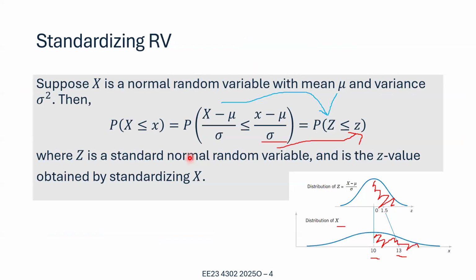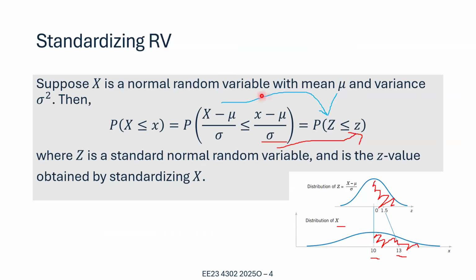if our random variable is not a standard normal one, what we do is we have to convert it into a standard normal variable.